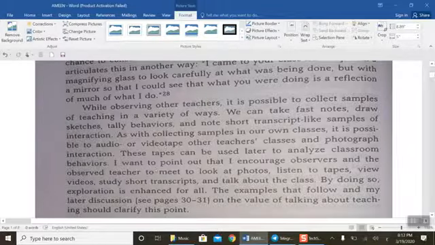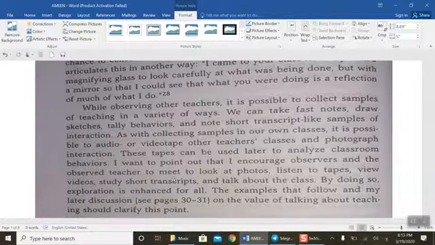Here the writer says: I want to point out that I encourage observers and the observed teacher, the one who visited the teacher and the teacher himself, to meet. For example, I, Mr. Muhammad, go to Mr. Ali's class, or Mr. Ahmed Mansour's class.